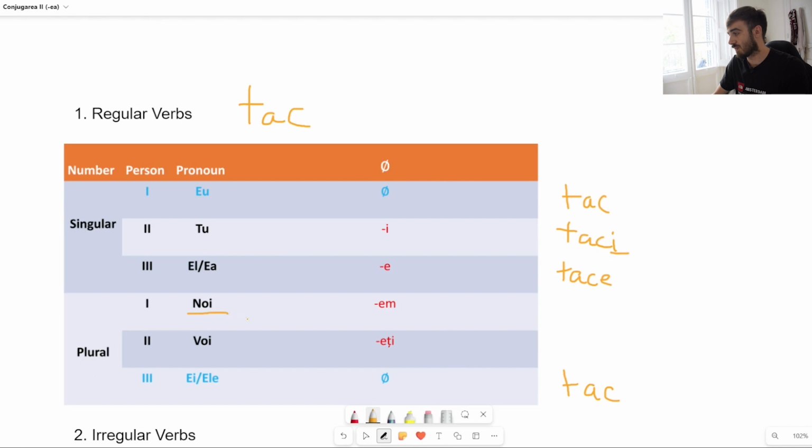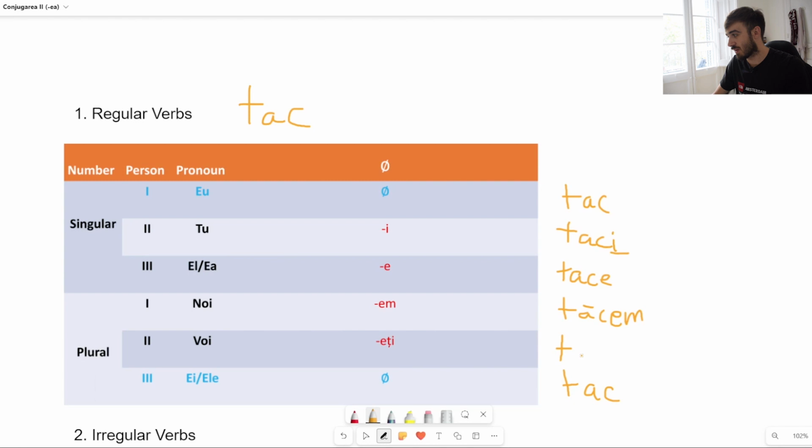Here on the noi form, if you know conjugations or you watched other videos where I talk about conjugations, and probably it would be good to check the A conjugation as well, I'll leave a link somewhere here. The noi form resets to the actual infinitive. So it will not be tac here. From noi, it will start over again with tac, and will be tăceam.